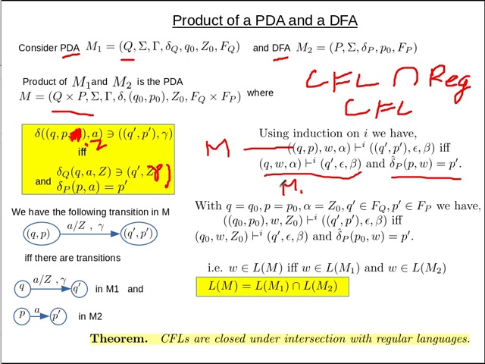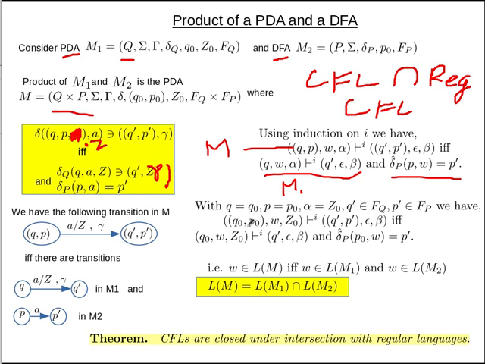So now, if we start with the start states of both machines, so this q and p, if we take q0 and p0, where we have this q0 and p0 here as start states, and this alpha, if we take just Z0, which is the start symbol here, so this is the initial configuration of the stack, and we process some w, where this w is completely exhausted, we reach q prime p prime after i many steps, and the stack is something.